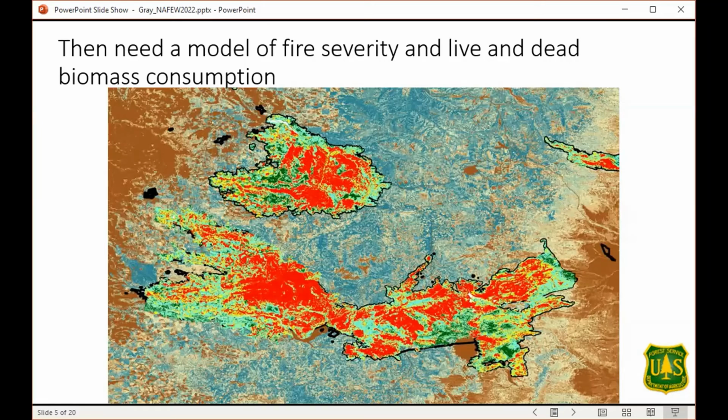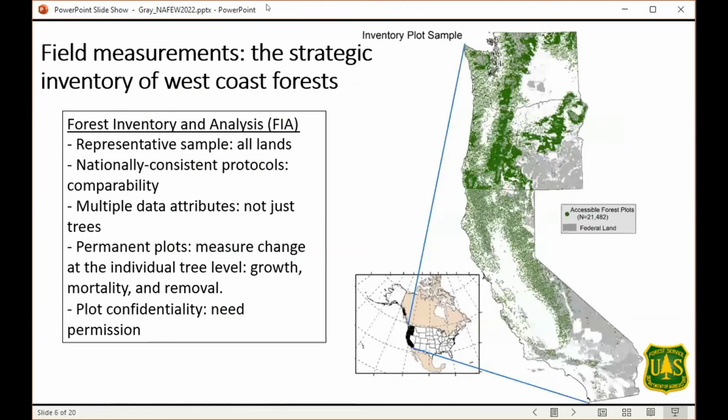So you're stacking all these different models on top of each other, and the question is, how accurate is your estimate coming out the other end? I've been working in inventory for a long time, so my interest is to squeeze as much as possible from actual field data and see if we can answer the same kinds of questions.